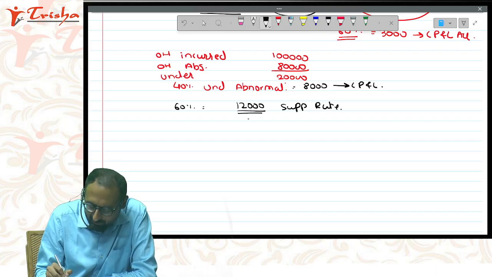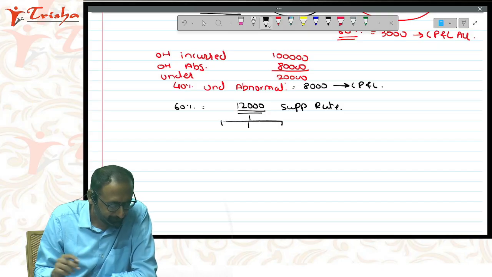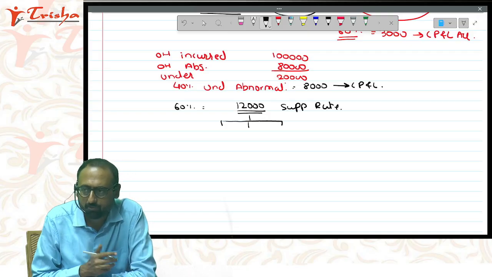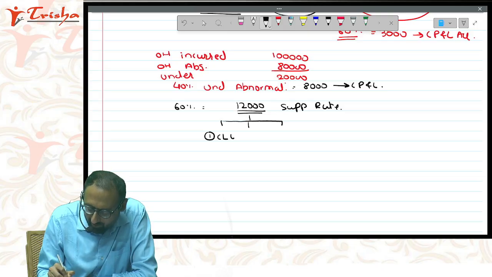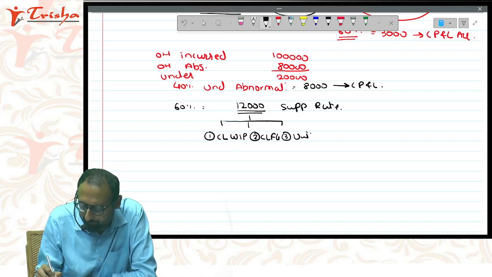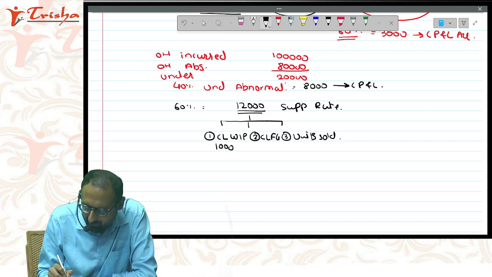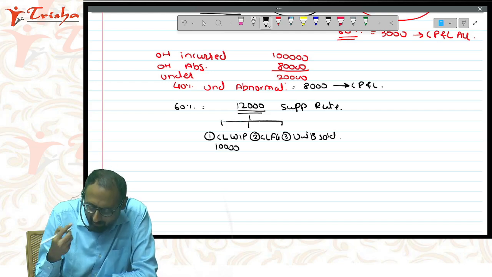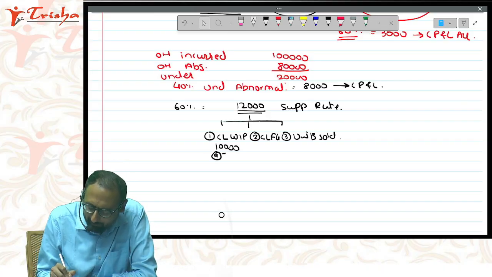I told you, while calculating supplementary rate, three things are really important. Which three? First, closing stock of WIP. Second, closing stock of finished goods. Third, units sold. Closing stock of work in progress given in a question, suppose 10,000, and it is only 50% complete.